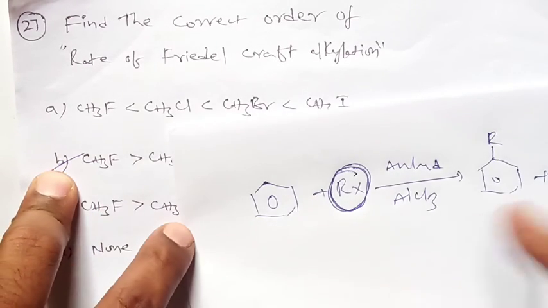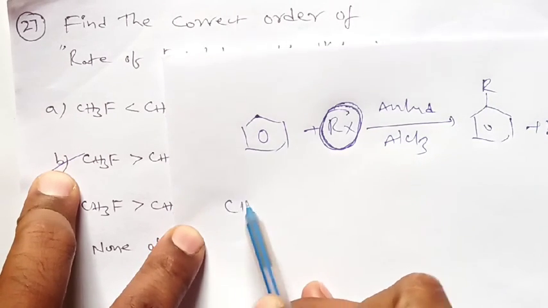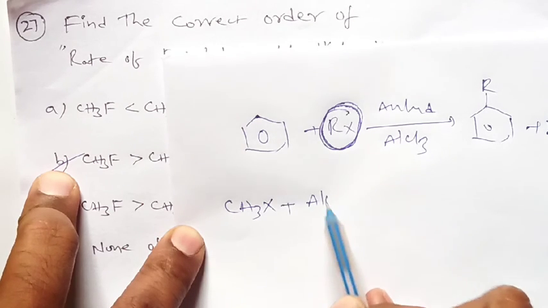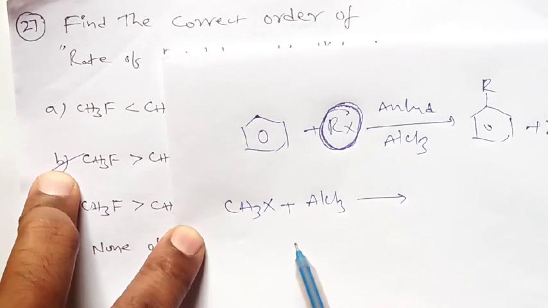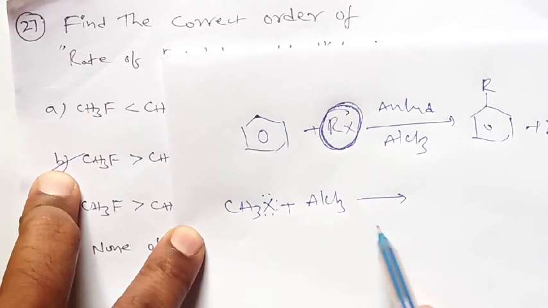If you observe the mechanism, CH3 is common, and you can take X. It reacts with AlCl3. In between these two, one coordination covalent bond is formed because X contains 3 lone pairs of electrons.